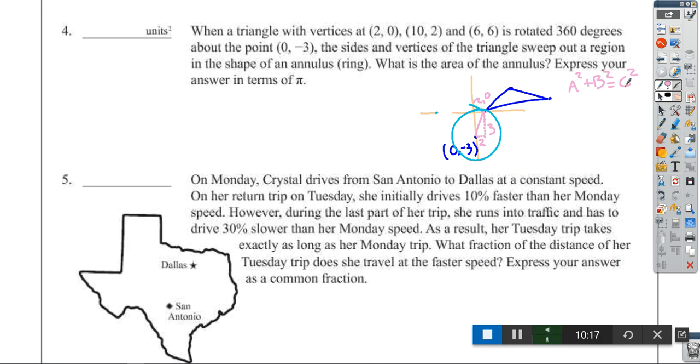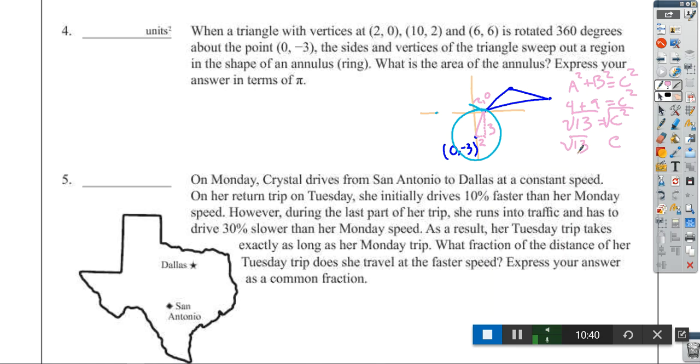So clearly this is my c value, and here are my a and b values. We have 2 squared, which is 4, plus 3 squared, which is 9, is equal to c squared. So 13 is equal to c squared. Take the square root, and this side length is the square root of 13.